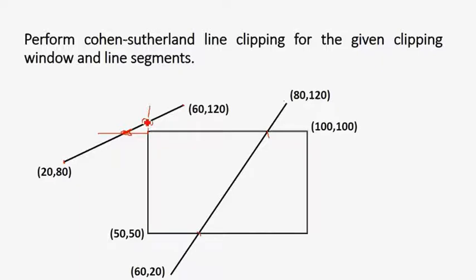So after you clip it and you get either one of these intersection points, if you apply the AND operation between this point and the top region code, that will give you true. So you can stop the algorithm and reject the line completely.